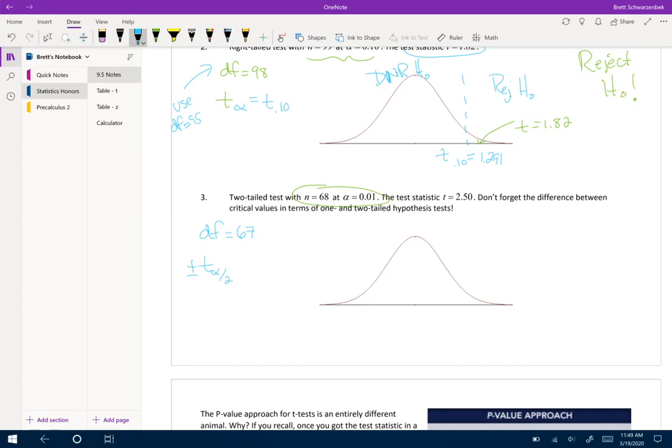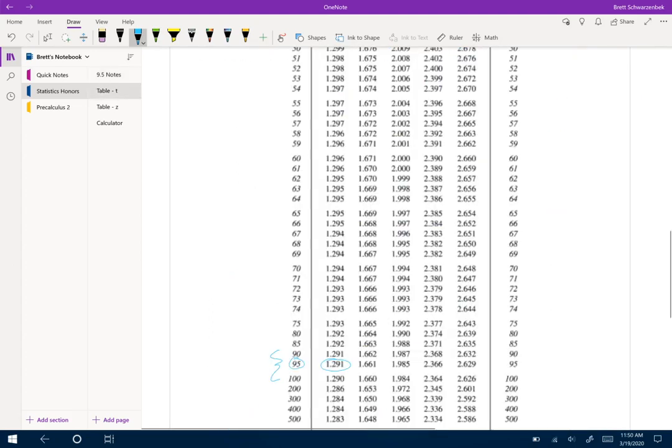Therefore, if alpha is 0.01, we're actually looking at positive and negative t sub 0.005. These are going to be our critical values. Remember, two-tailed tests need two values, hence two tails. So we go over and look at t sub 0.005 at 67 degrees of freedom.